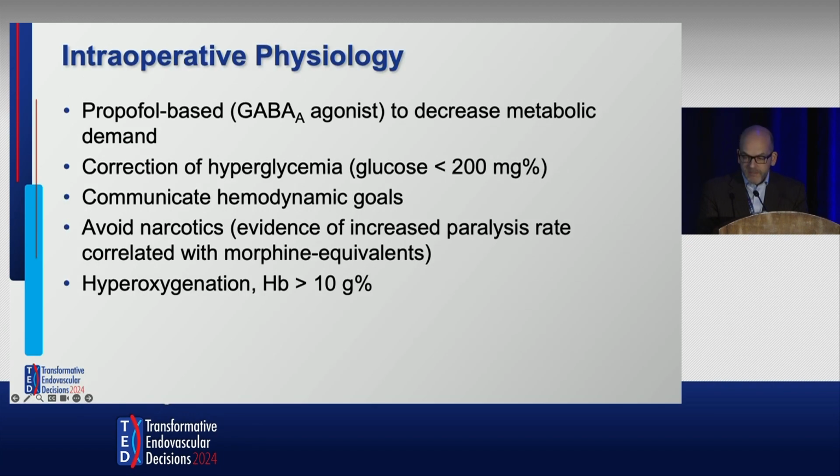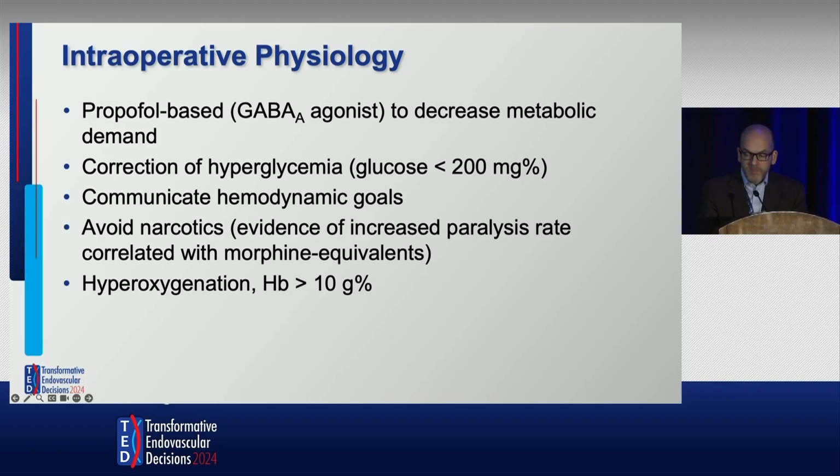So, I'll get to drains in just a minute, but what about other intraoperative physiology maneuvers? Propofol-based anesthetic, avoidance of hyperglycemia, and avoidance of narcotics seem to be protective. All those agents have been implicated in a GABAergic or excitatory pathway in terms of causing damage to the spinal cord. And obviously, concise communication of hemodynamic goals to the anesthesia team throughout the case, and aggressive monitoring of those hemodynamic goals.